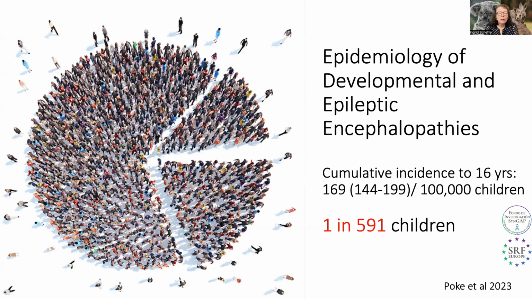And there's been a lot of debate about how common they actually are. And together with my New Zealand collaborators this year, we actually published the cumulative incidence to 16 years of all DEEs and found that 169 per 100,000 children have a DEE. And this point is very useful. 1 in 591 children will have a DEE.